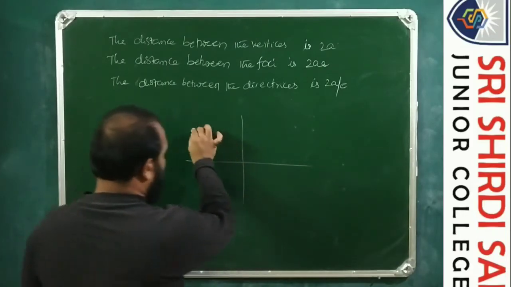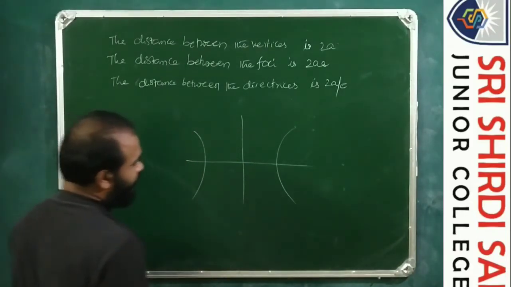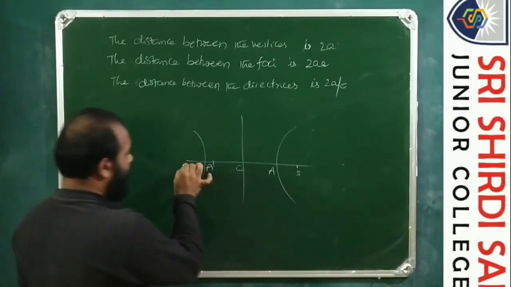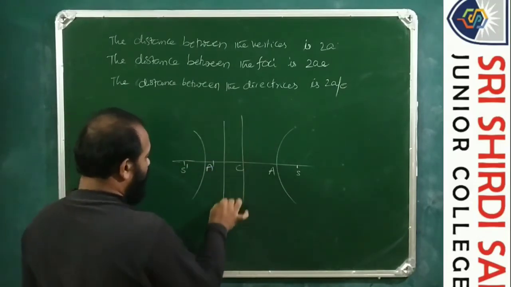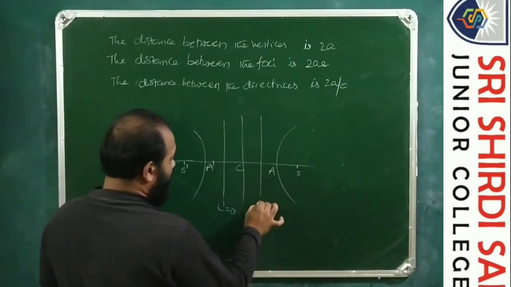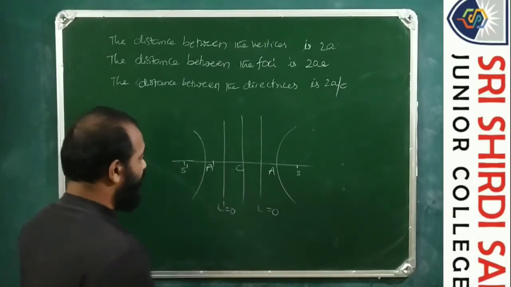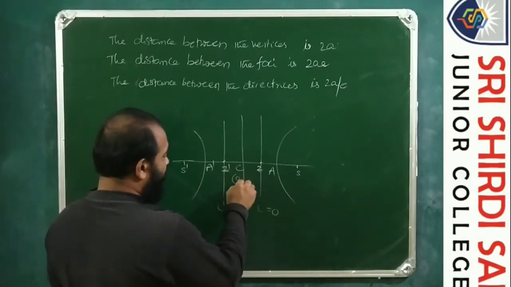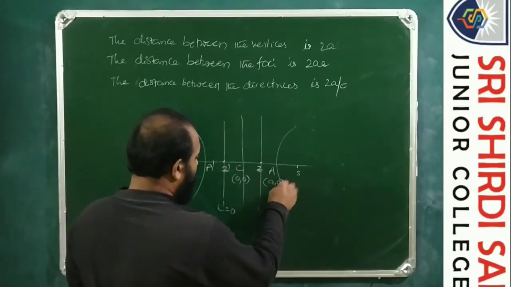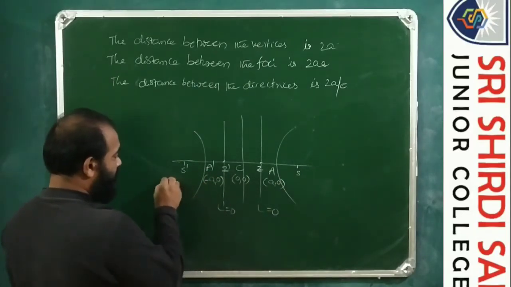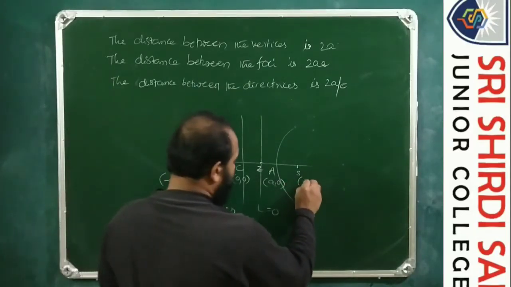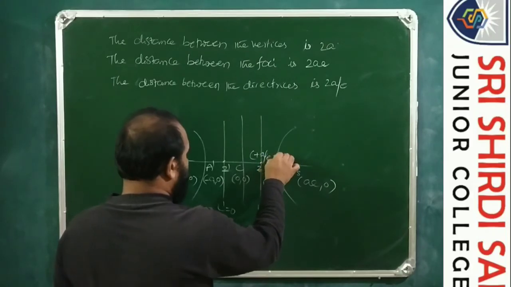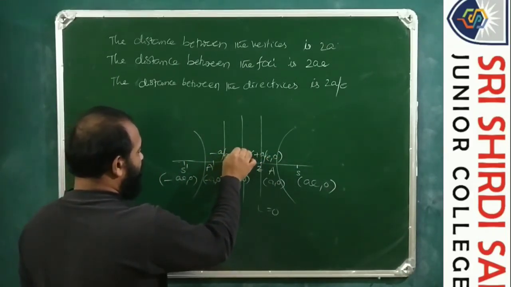So this is the hyperbola. This is the center, A dash, A vertices, S dash, S foci. L dash equals 0, L equals 0 are the directrices, and these two are the feet of the directrices. So this is the center 0, 0, this is a comma 0, this is minus a comma 0, this is minus ae comma 0, this is ae comma 0, this is a by e comma 0, and this is minus a by e comma 0.